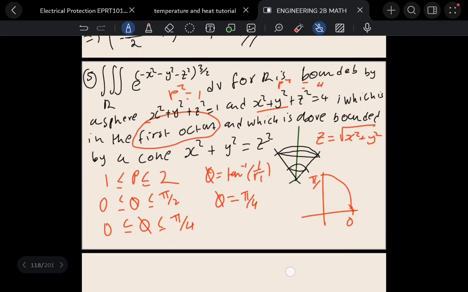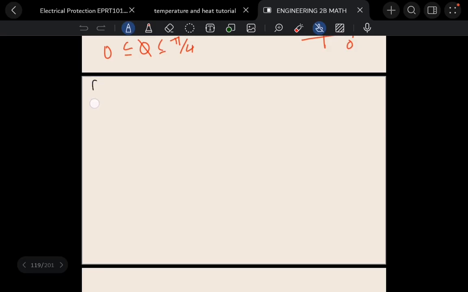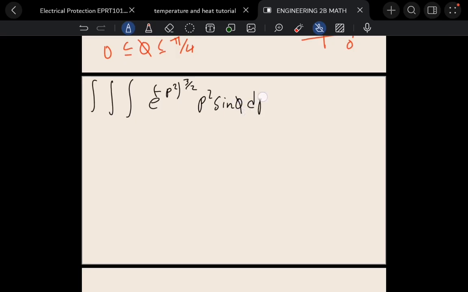So, integrating that, I'm going to have an integral of e to the power negative rho squared all to the power 3 over 2, times rho squared sine phi, d rho d phi d theta.